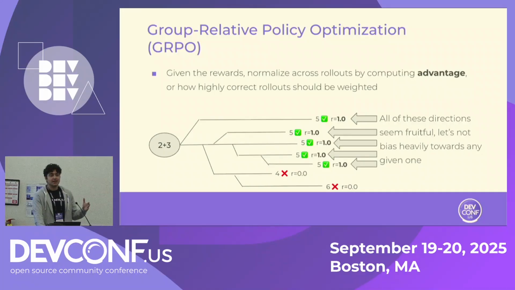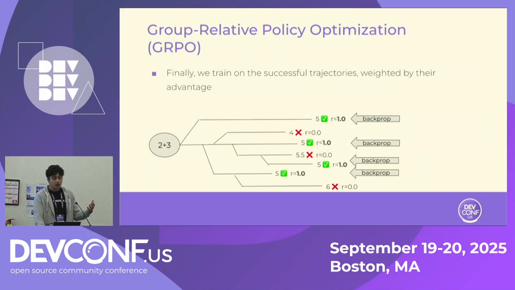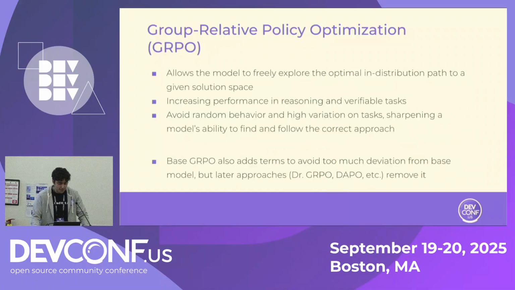We're allowed to index heavily into hard problems where we find one right path. But for easy problems, we're not killing the model's expressibility or creativity, all while remaining in the distribution of the original model. So this allows us to increase the performance of the model, both in reasoning and in the verifiable task that it's trying to solve.